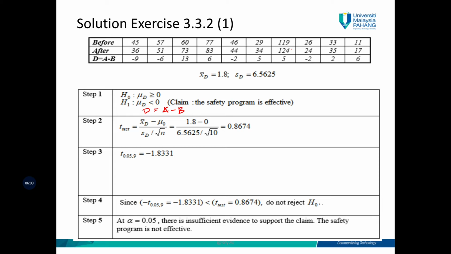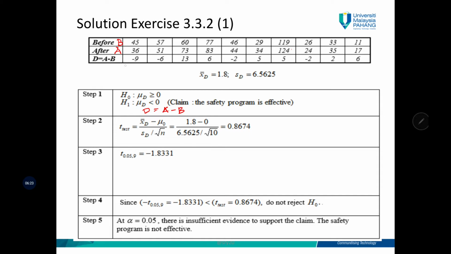That's why we use the t test. So we need to get the data difference first. Remember that d is a minus b, so data a minus data b, data after minus data before.